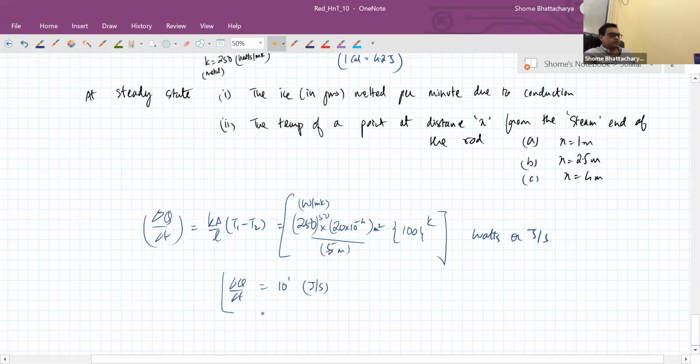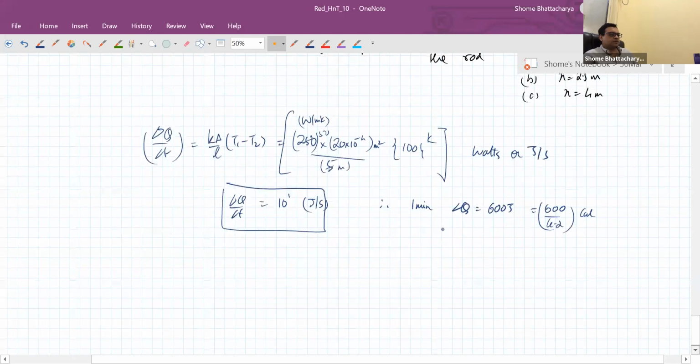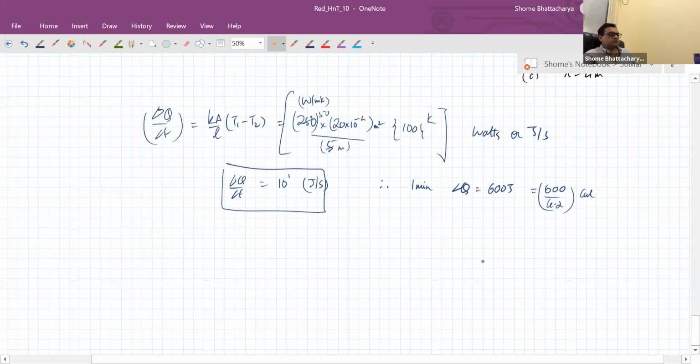Okay. So therefore, in 1 minute, delta Q will be 600 joules, or 600 divided by 4.2 calories. So the mass of ice melted per minute will just become this delta Q divided by L. So 600 upon 4.2 into 80.